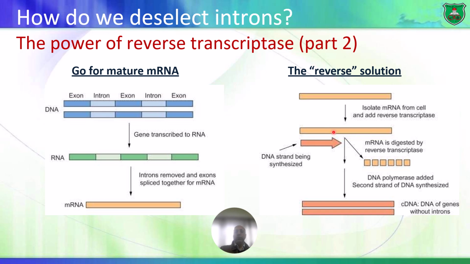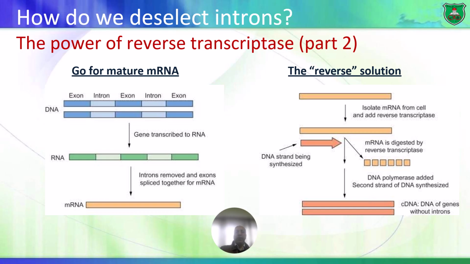And again, we use reverse transcriptase, that's the solution, to synthesize the DNA from the messenger RNA, and this messenger RNA is already spliced. So we make, again, double-stranded DNA, which is known as the complementary DNA.